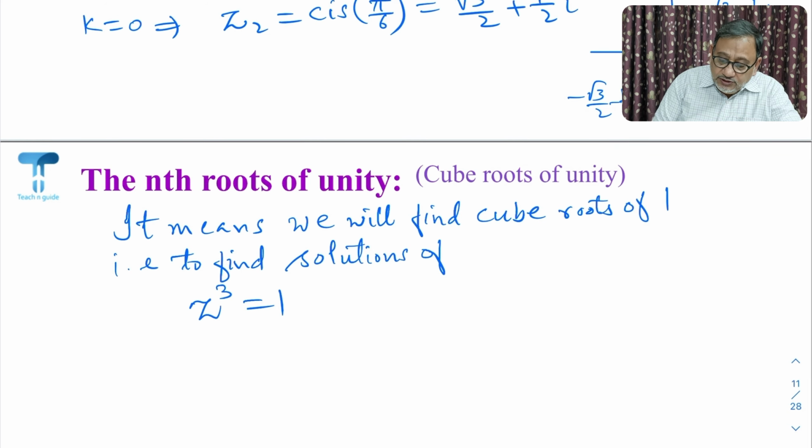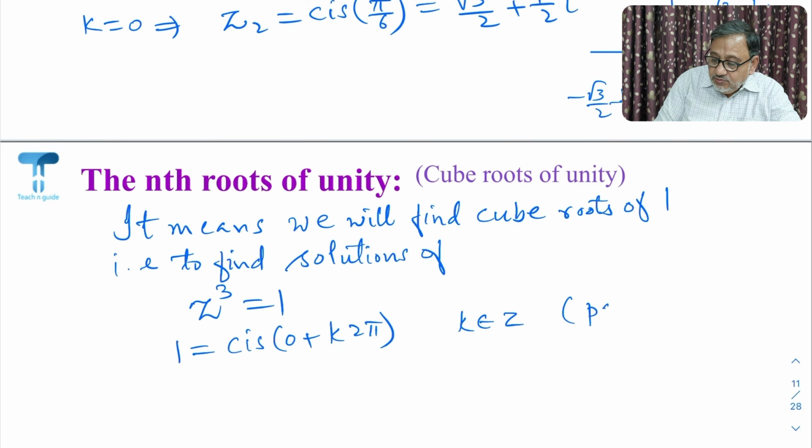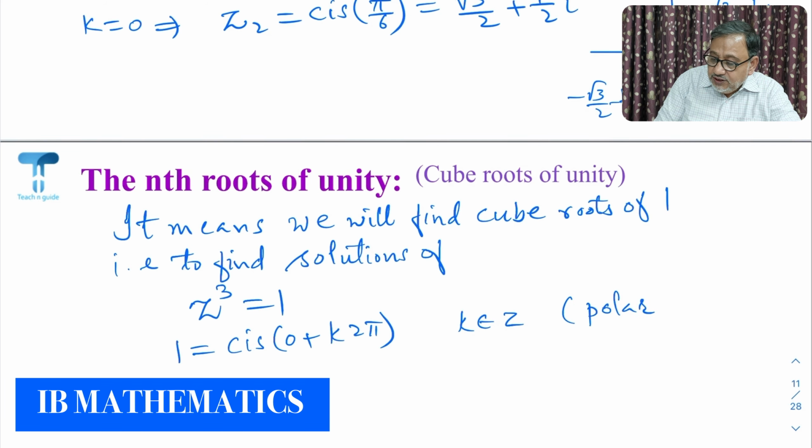Now 1 is equal to cis, and because there is no imaginary part, 0 plus k into 2 pi in polar form, where k belongs to Z. This is the polar form, because always we write in polar form.